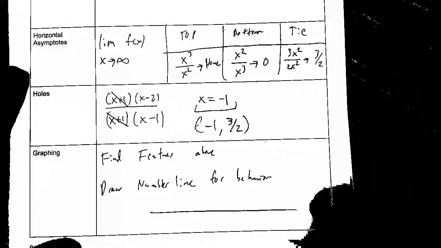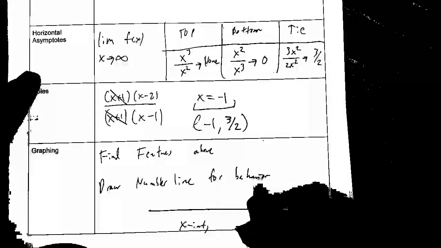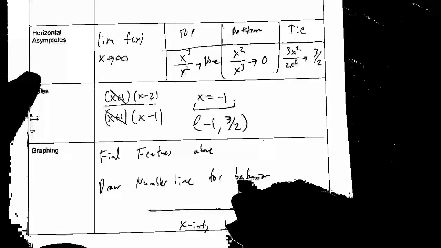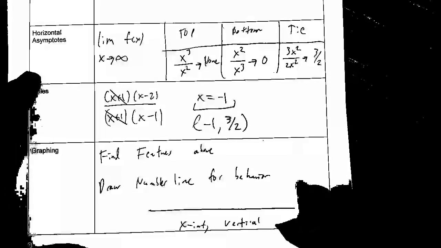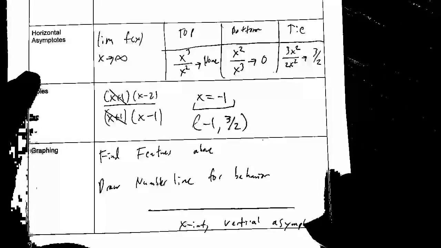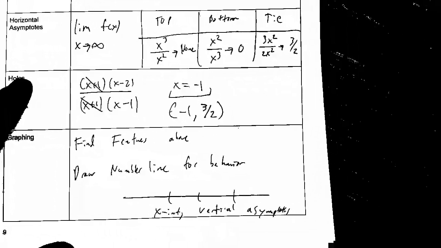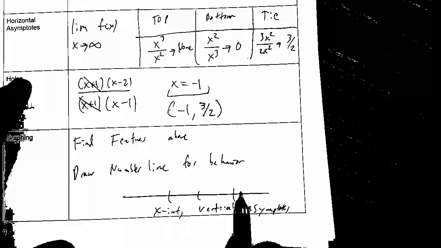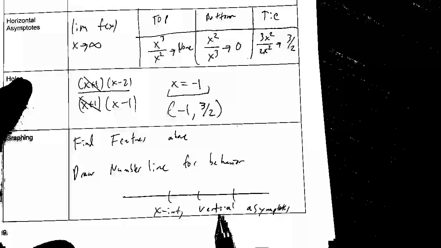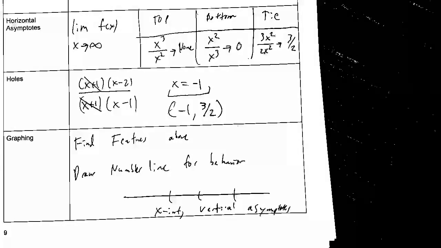And that's where you write out the x-intercepts and the vertical asymptotes on the number line, and then you test points. Do you remember that a little bit? I'll do an example in a moment, but you put the x-intercepts and vertical asymptotes on a number line and you test points in between, and then you sketch from there. We'll do some examples of that. That's a little rusty.